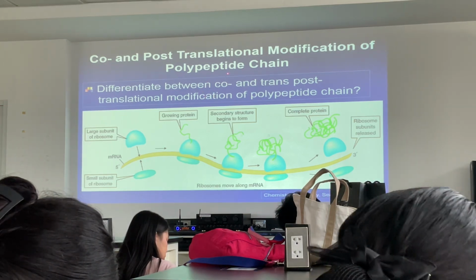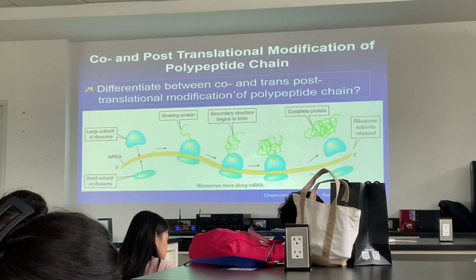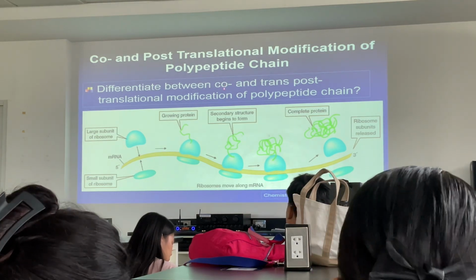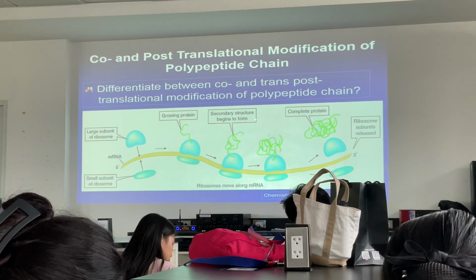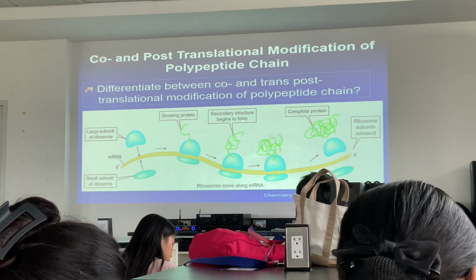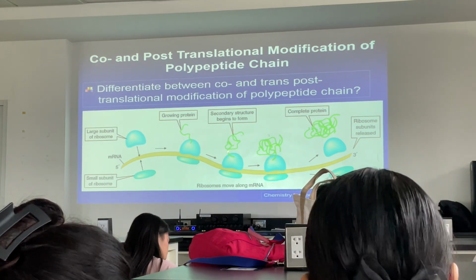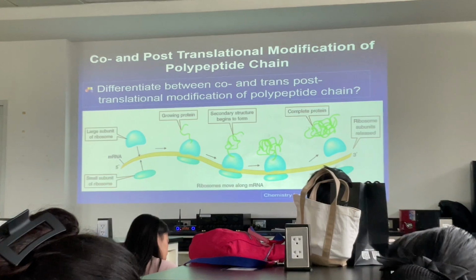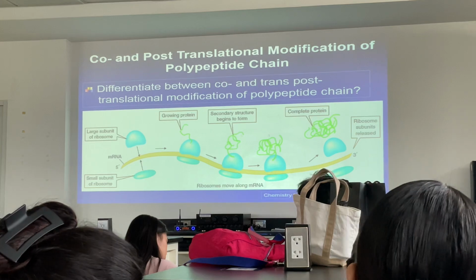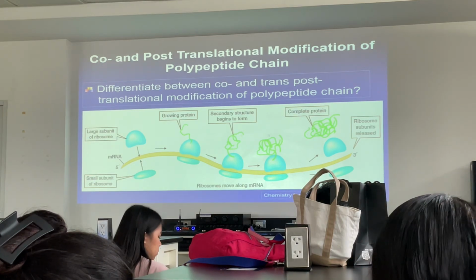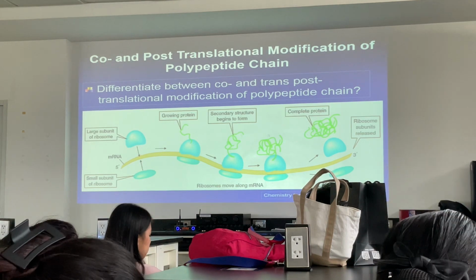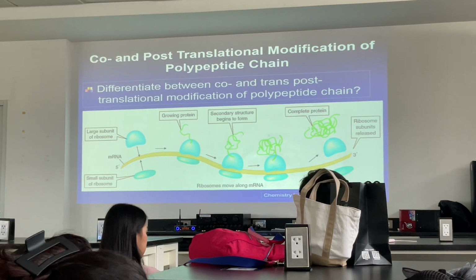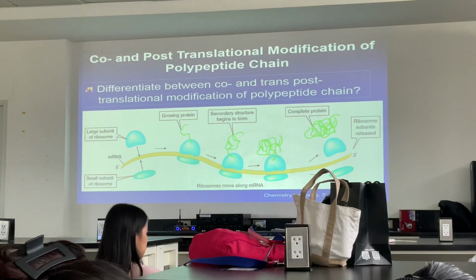When you say co-translational modification, the modification of the protein or the polypeptide chain occurs during synthesis of the protein molecule. So co-translational modification means the modification of the synthesized protein occurs as it is being synthesized in the ribosome.